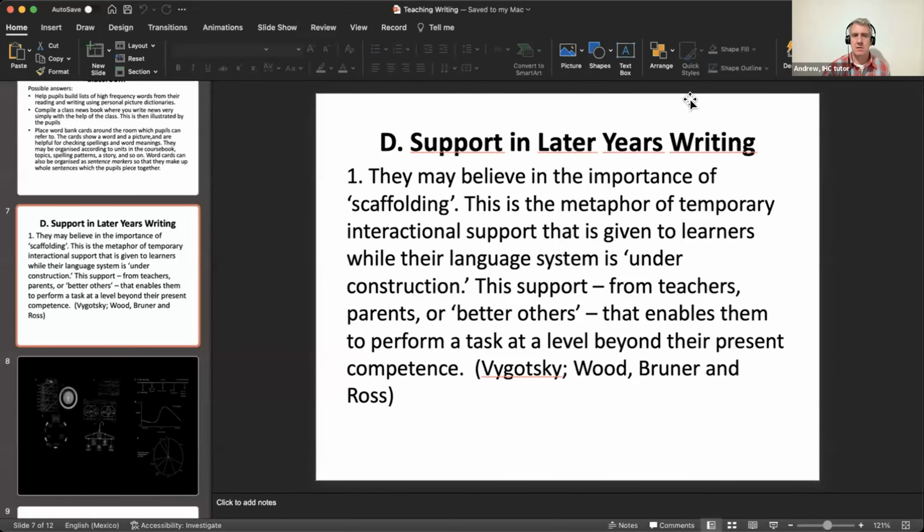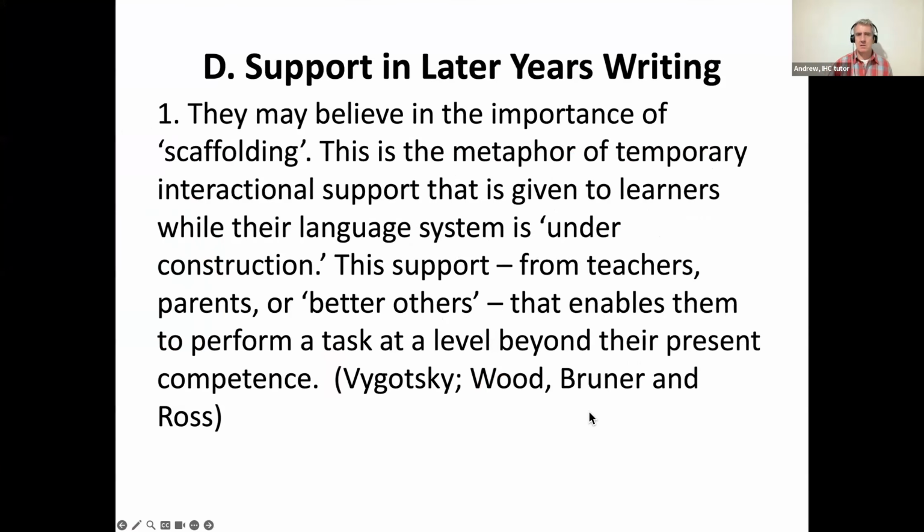So, going back to what Brewster and Ellis probably think, they may believe in the importance of scaffolding. This is the metaphor of temporary interactional support that is given to learners while their language system is under construction.